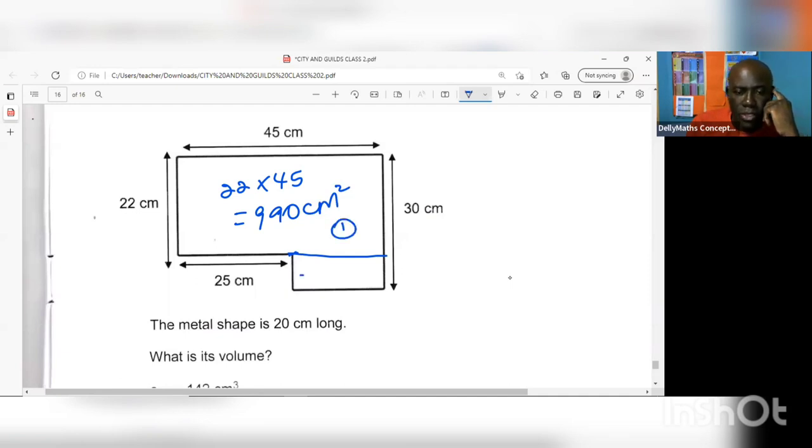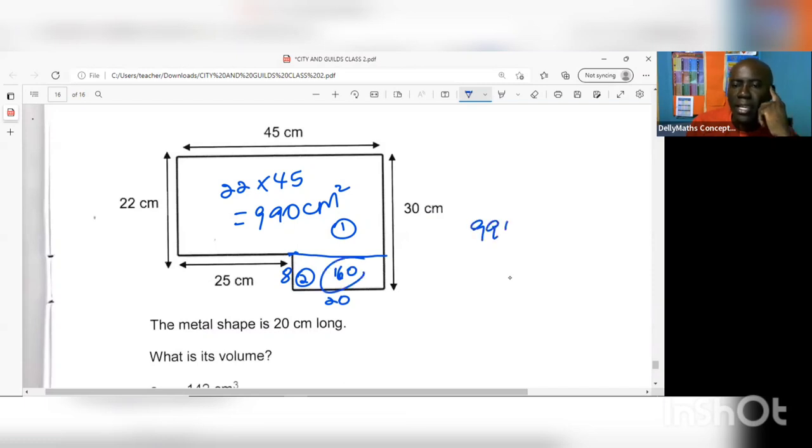For situation 2, this distance here is 20 and this distance here is 8. So 20 times 8 is 160.